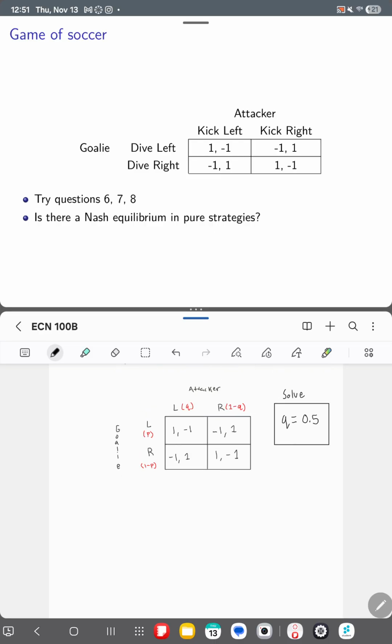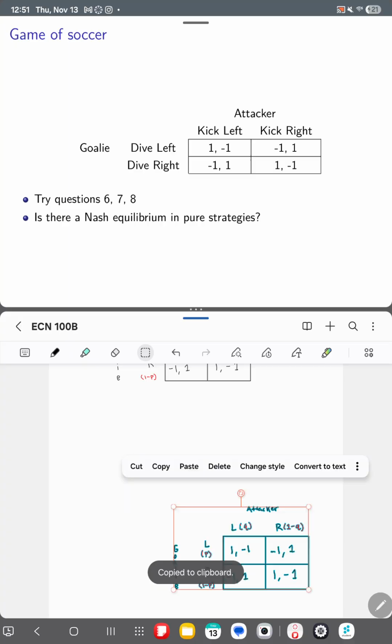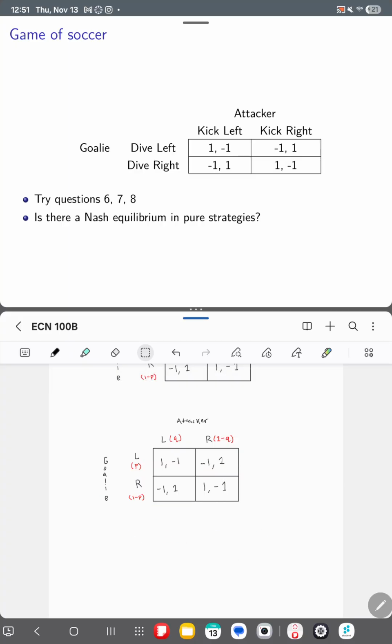What are we doing now? What we are basically doing is, we first fix the goalie, now fix the attacker. And I want you to think about the following: find the expected utility for the attacker from kicking left, and then compare it to the expected utility from kicking right.